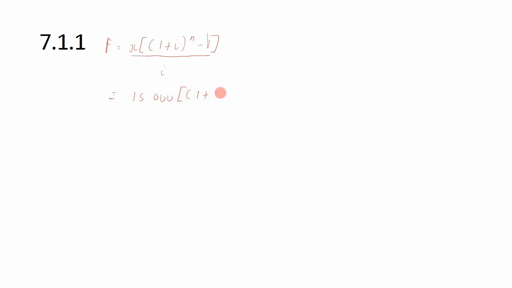1 plus the interest is 0.088 over 4 because it's compounded quarterly. Then how many quarters are there in 4 years? So we have to say 4 times 4. That will give us 16. Then all over 0.088 over 4, right?